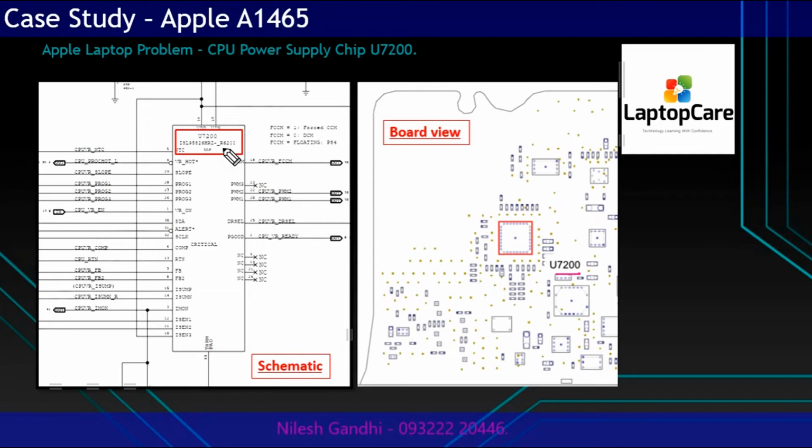On checking pin number 1 of U7200, it was observed that there was no voltage on pin number 1. It was 0.0 volt on the multimeter, hence there is no turn-on signal from this IC for CPU core voltage generation.